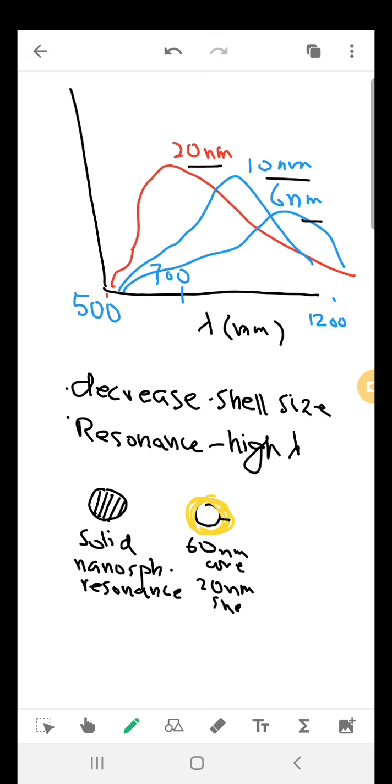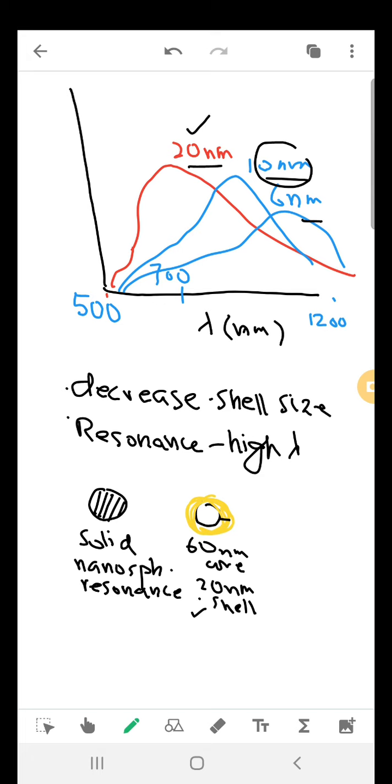These values indicate the core or the shell width. So this 20 nanometer corresponds to this resonance peak.